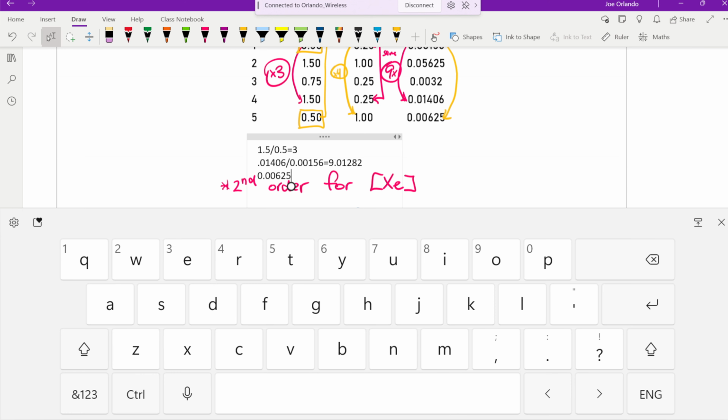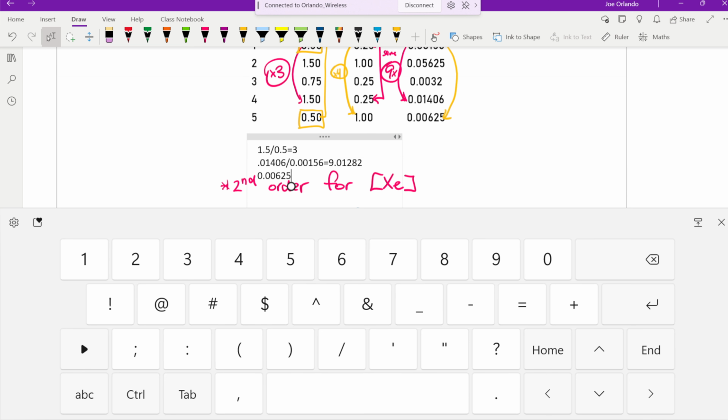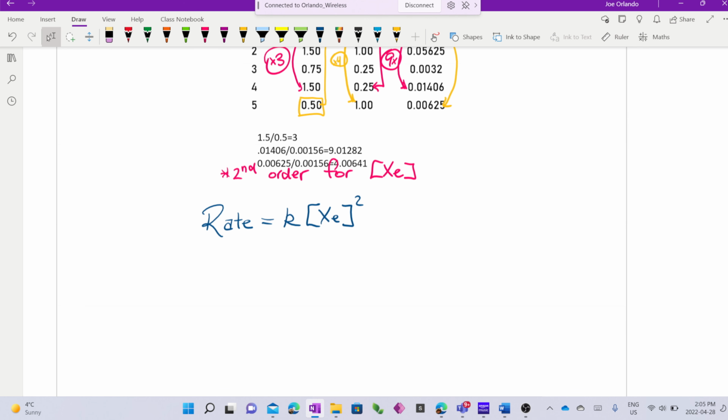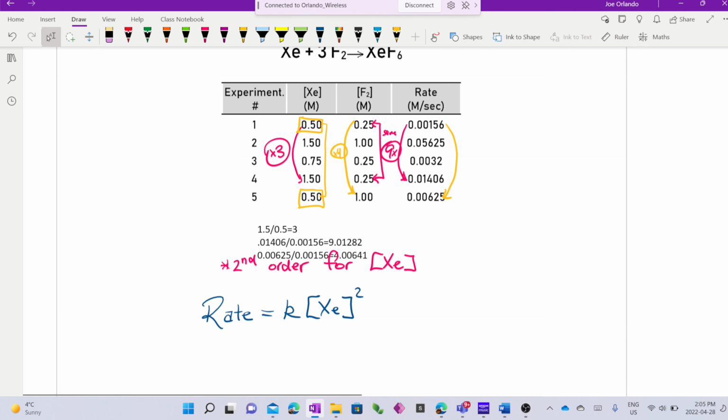0.00625. And what should I divide it by? 0.00156. And when we do that, we get 4. So making it 4 times bigger makes it go 4 times faster.